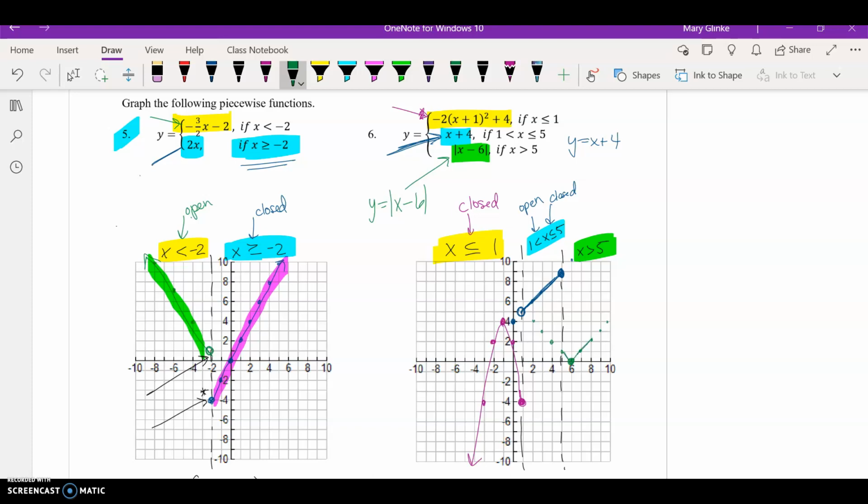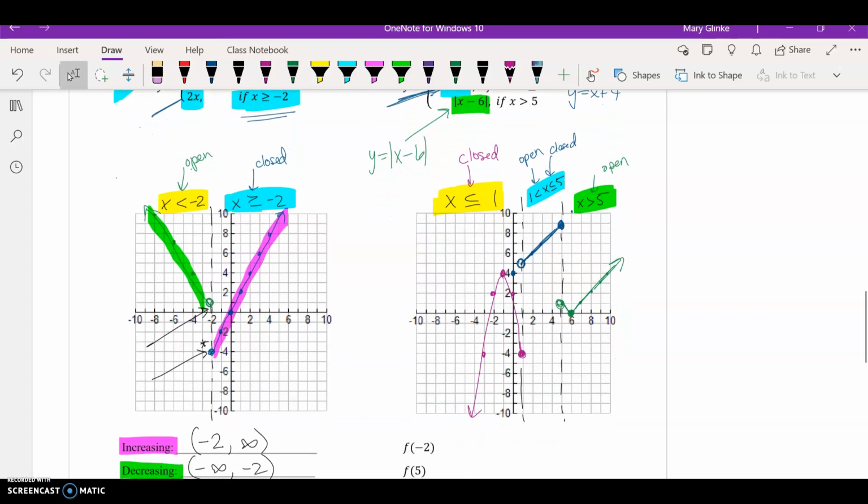So I'm going to connect this part of my absolute value, and I'm going to erase all of my other points that I didn't need. And at 5, this is going to be an open circle. So you can see it looks kind of like a Frankenstein type thing where you have different pieces of different functions all cut up and put on the same graph grid. That's why it's called piecewise functions.